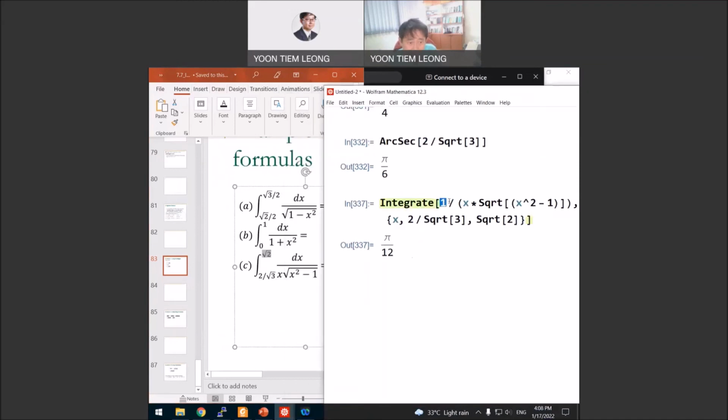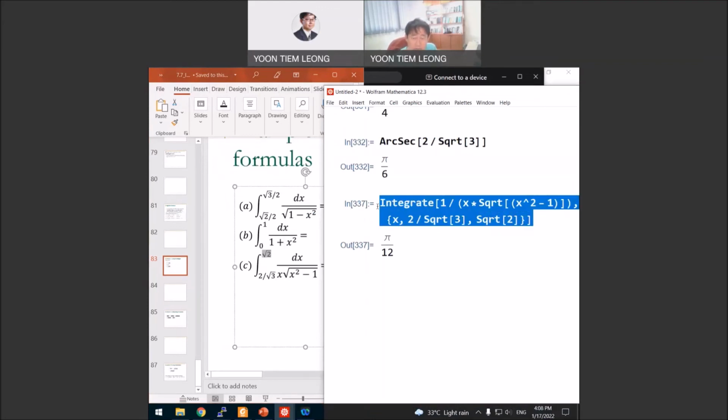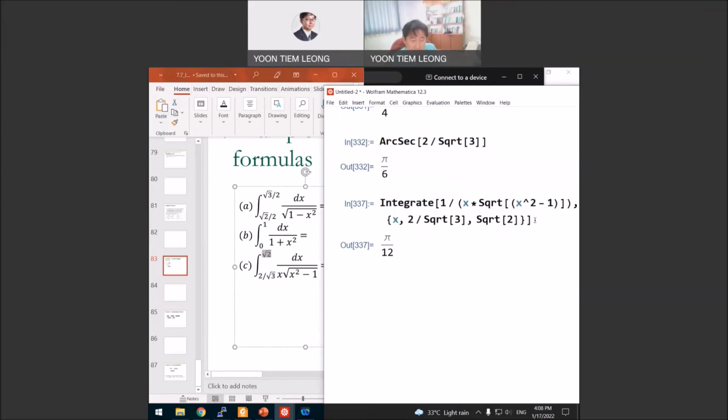So I integrate 1 over the square bracket, and within this bracket is x times square root of x squared minus 1, and integrate with respect to x from the lower limit of 2 over square root of 3 to square root of 2. So you can actually carry out this integration analytically and it gives you an exact value of pi over 12, which is just what I have shown you earlier on.